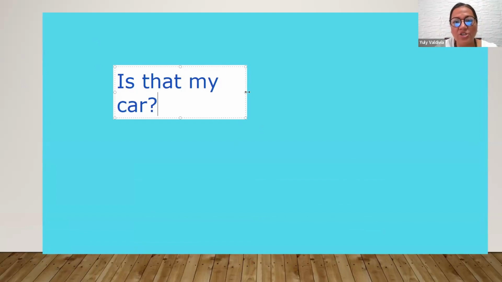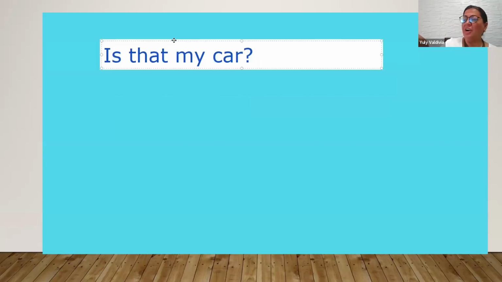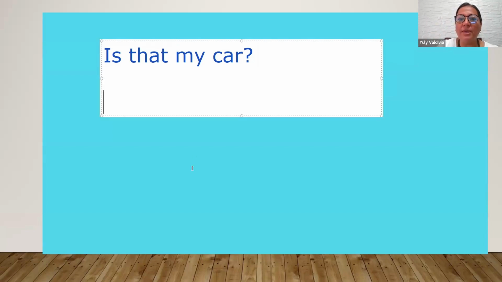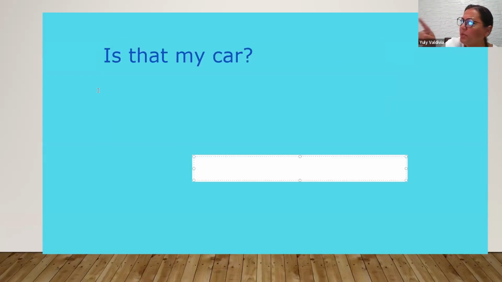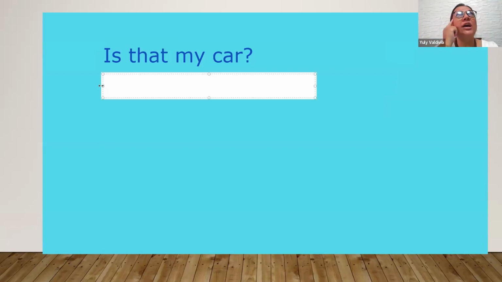So I want to make a question. Instead of saying, that is my car. No, no, no, guys. We have to change the order. We say, is that my car? So I see some people over there. So my question is, ¿esos son mis amigos? ¿Cómo hago eso? Oh, I remember.